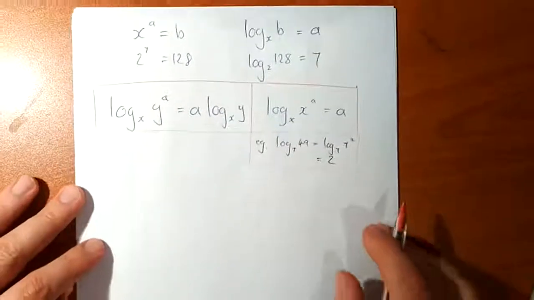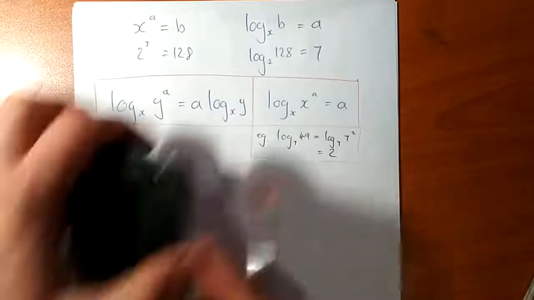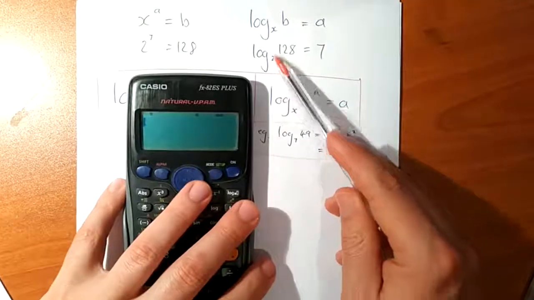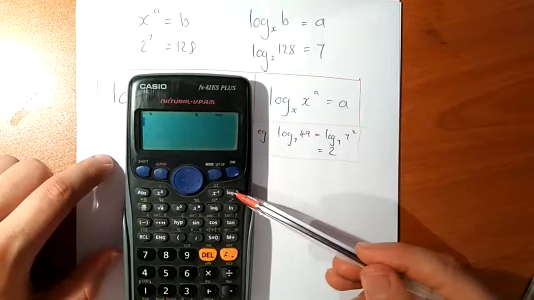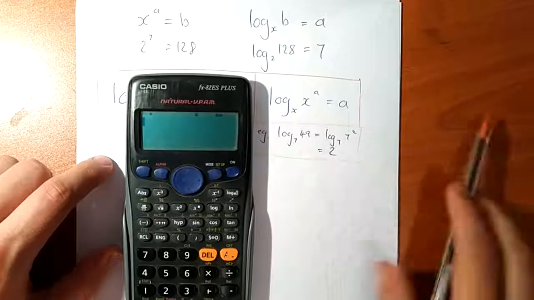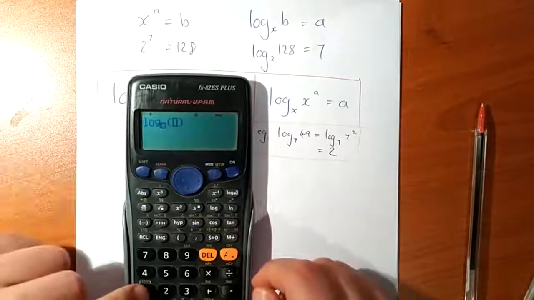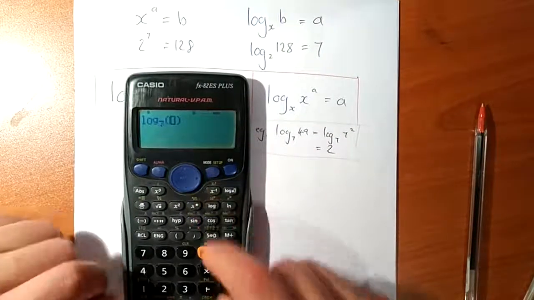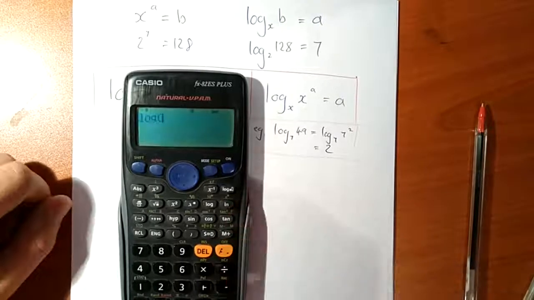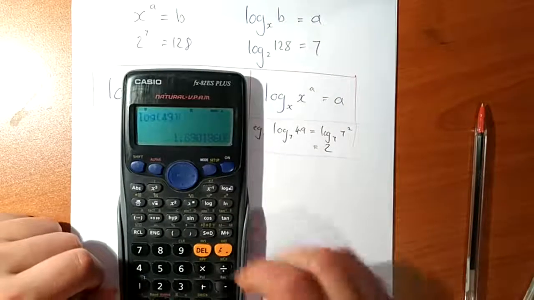Okay, now a logarithm is relative to a base, which is what a button like this would be for. So if I wanted to write that, for example, I would say log base 7 of 49 to get 2. But how about if I just use log? What would that be? That's something else entirely.